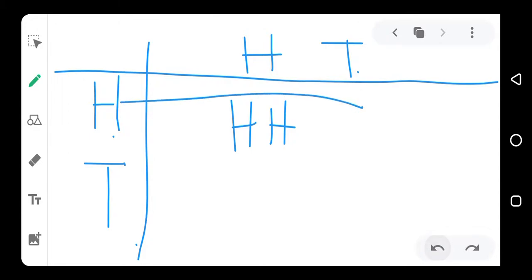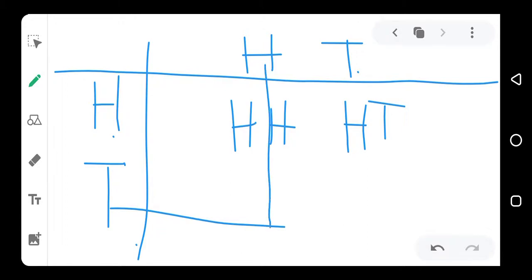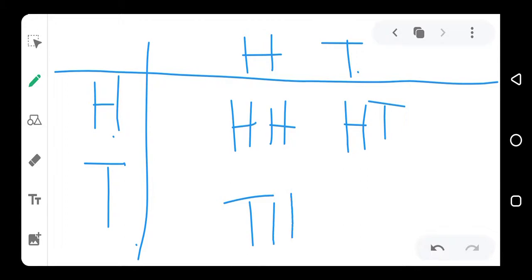That will give us head, tail, HT. Now you come to the second row, you join this one with the first one here, that will give us tail, head, TH. Now you join this one again with this one, and that will give us tail, tail, TT. This is our sample space.